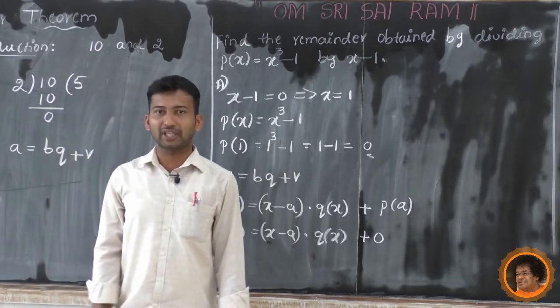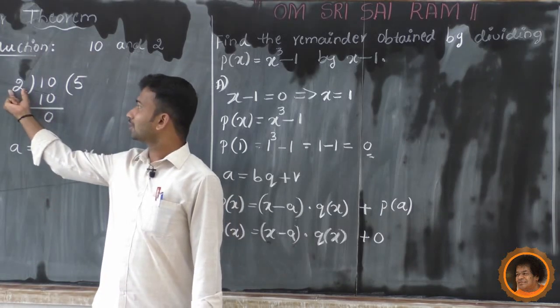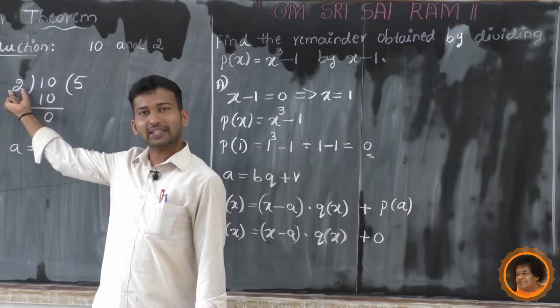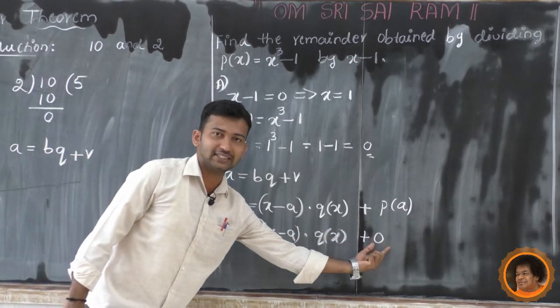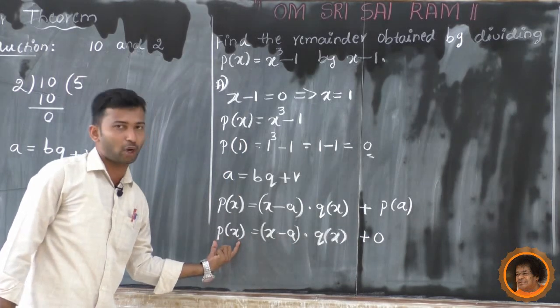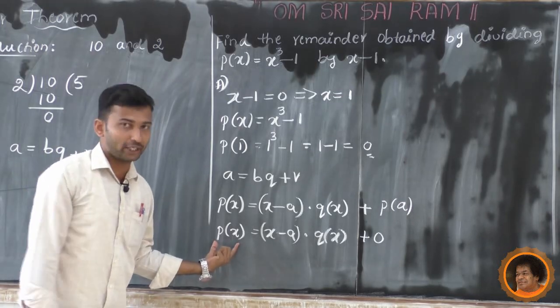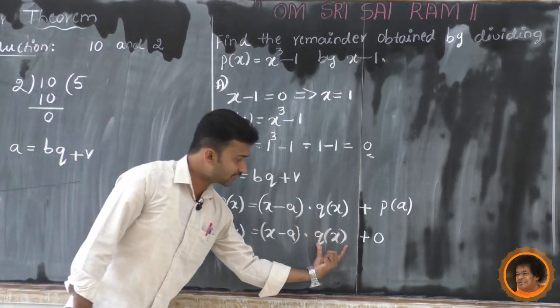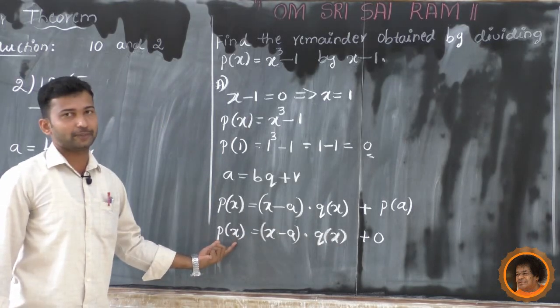In the first problem also, remainder is 0. So 2 is a factor of 10. Similarly, here also, remainder is 0. Therefore, divisor is a factor of the polynomial. If divisor is the factor of the polynomial, quotient is also the factor of the polynomial.